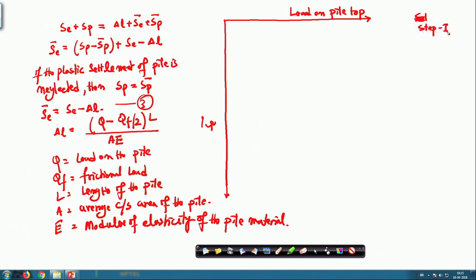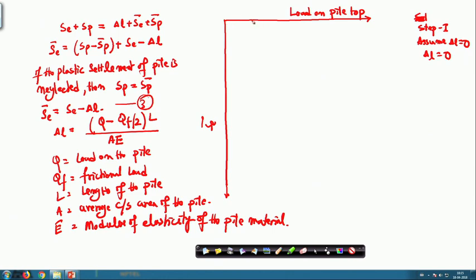Step 1, assume that your del L is equal to 0. If del L is equal to 0, then we have AC bar equal to AC, and AC I will get from the original curve. So I will draw a graph.